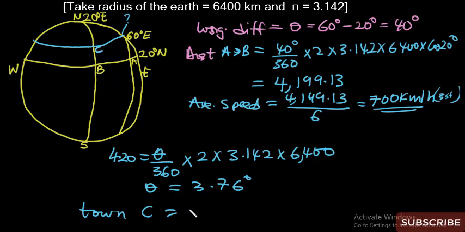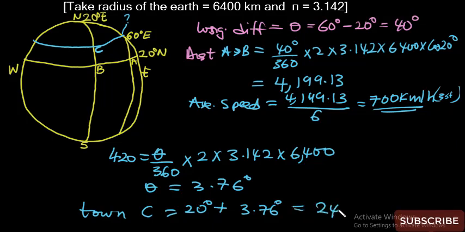So we add 20 degrees north plus 3.76 degrees north, and that will give us 24 degrees to the nearest degree, and this is to the north. So that is the latitude of town C.